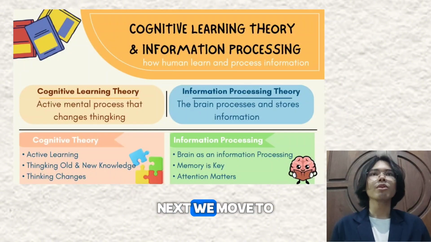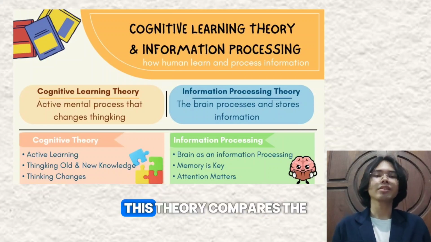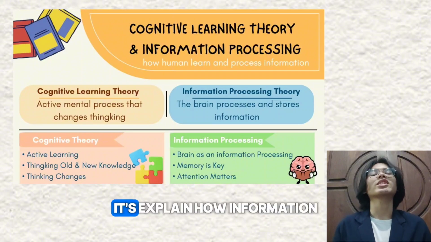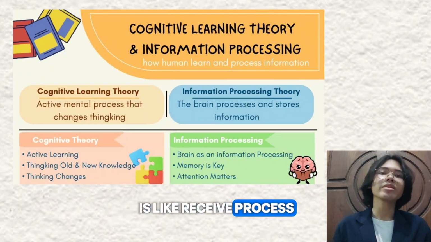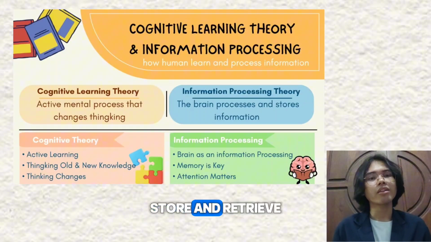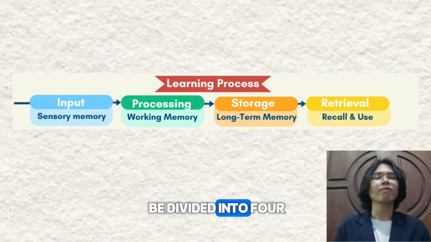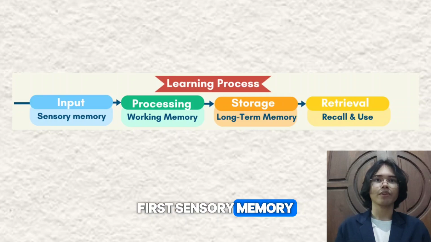Next, we move to information processing theory. This theory compares the human brain to a computer system. It explains how information is received, processed, stored, and retrieved. The learning process can be divided into 4 main stages. First, sensory memory.